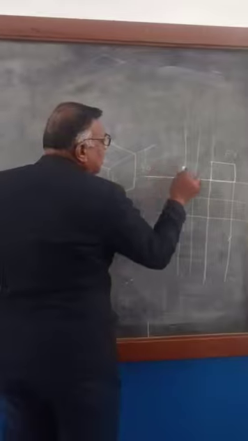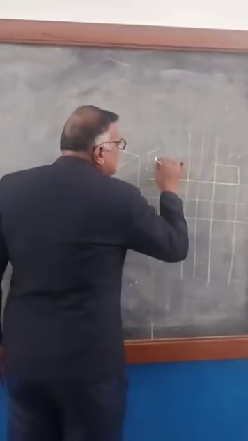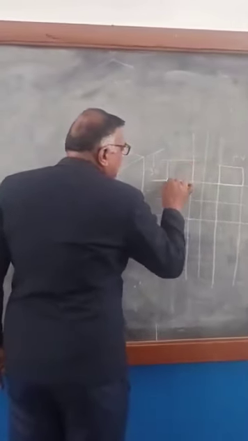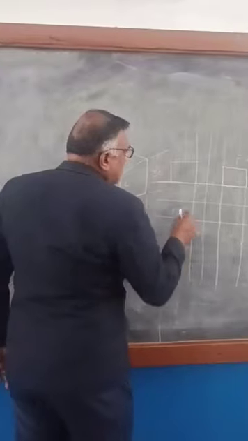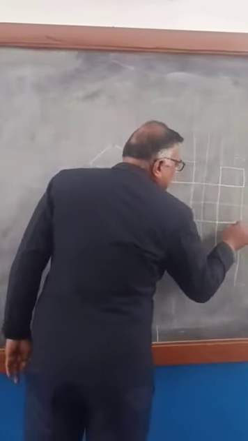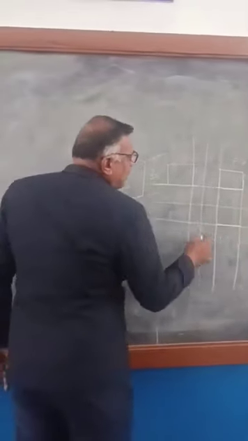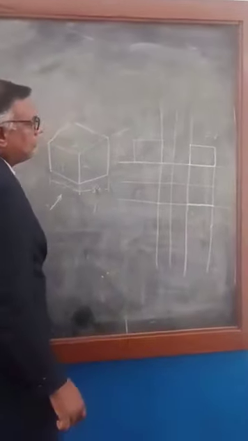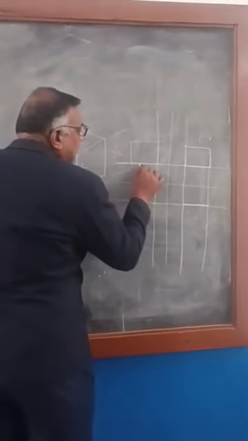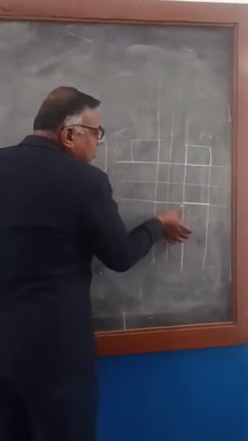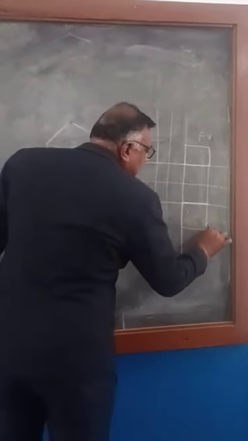This is 1 and the height is the same. So the front view length and the top view length are the same. Now we have to know the height of the top view. For any diagram, the side view length will be the top view height. So this will be 30.